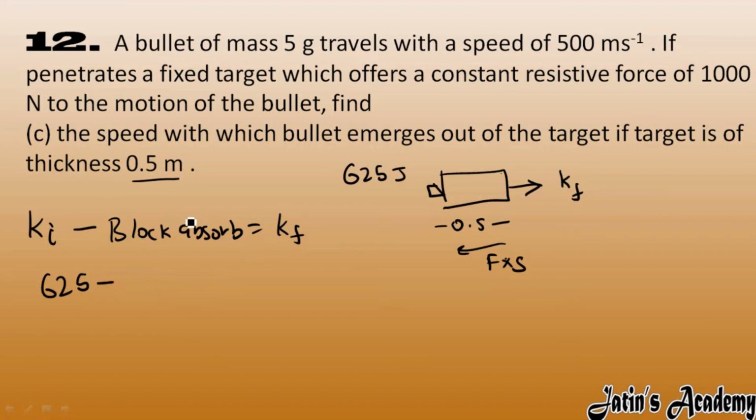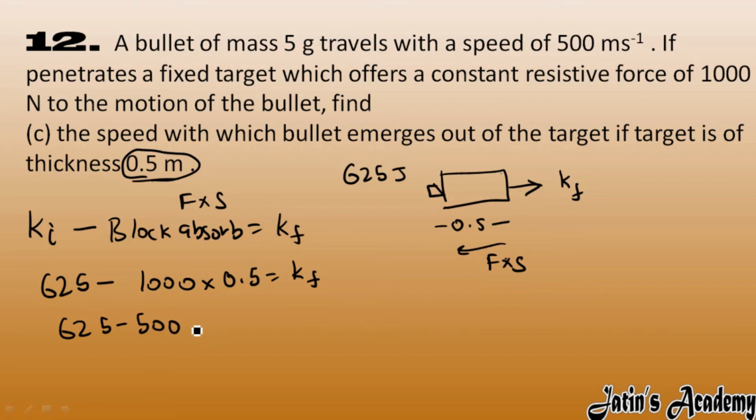That is force into displacement. Force, the resistive force by this block, is 1000, and displacement, the thickness of the block, is 0.5 meter. The final kinetic energy we have to calculate. So 625 minus 500, so the final kinetic energy we got is 125 joule.